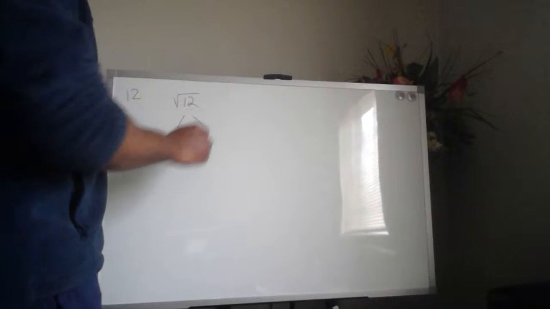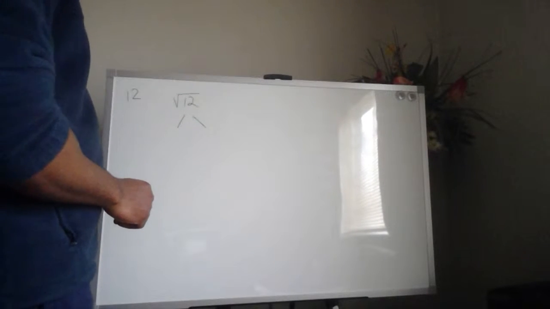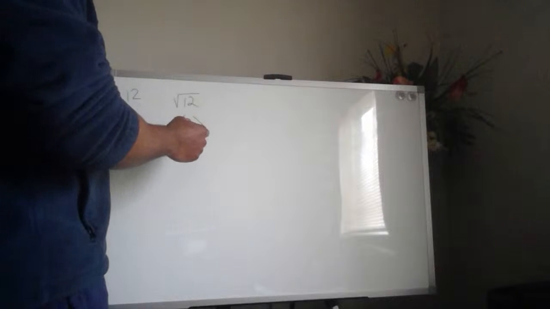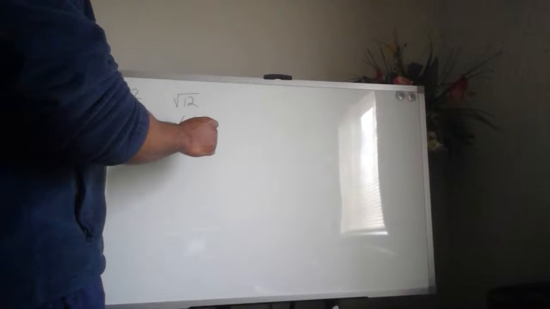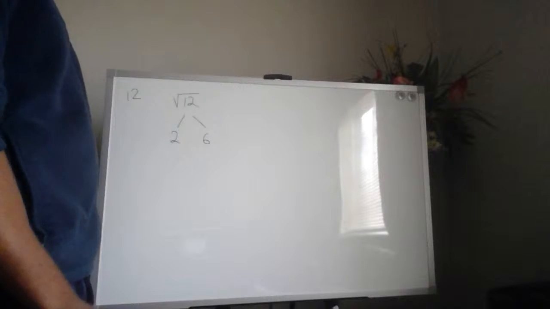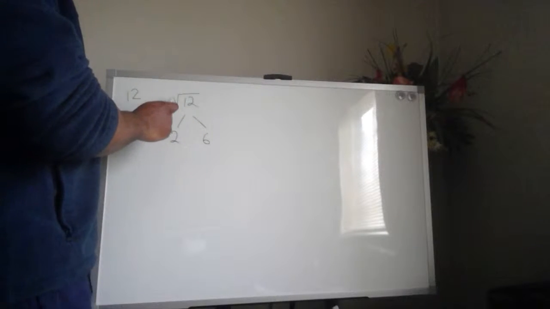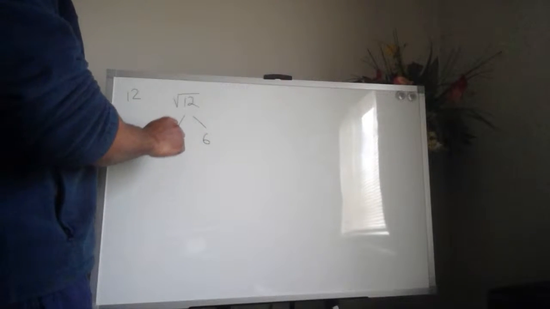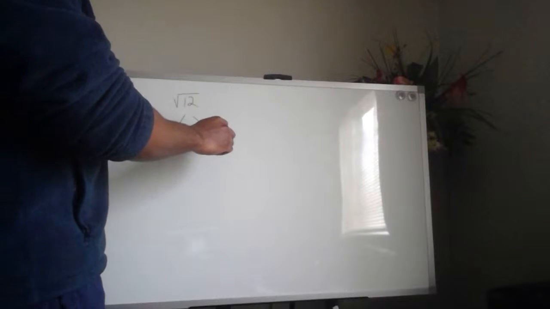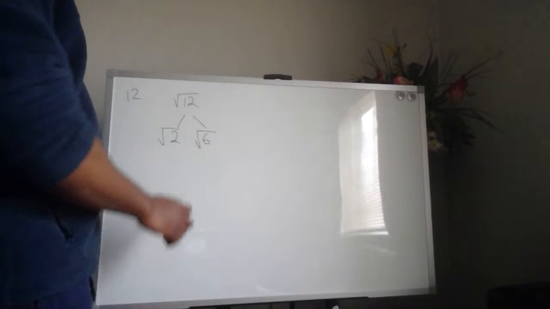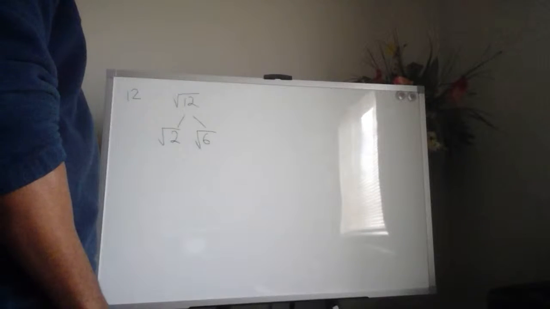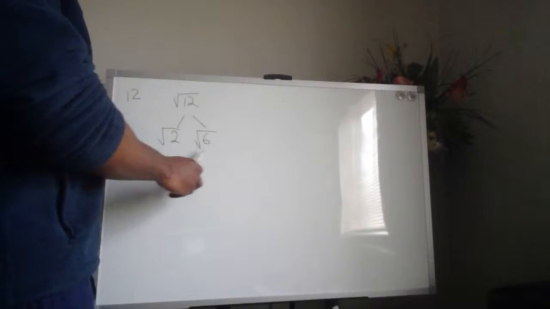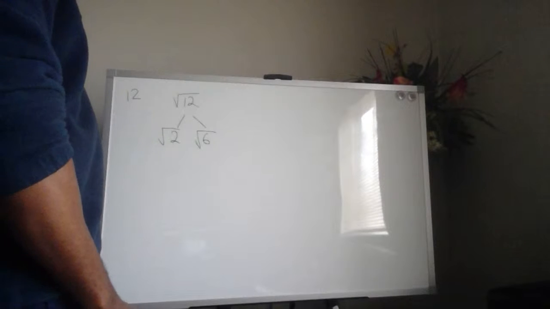So we can start by, again, because 12 is an even number, we can divide 12 by 2. If you divide 12 by 2, we get 6. But because this is square root 12, this is square root 2, and this is square root 6. So in other words, square root 2 times square root 6 gives you square root 12. Now, 2 is a prime factor, but 6 isn't, so we're going to keep breaking down 6.